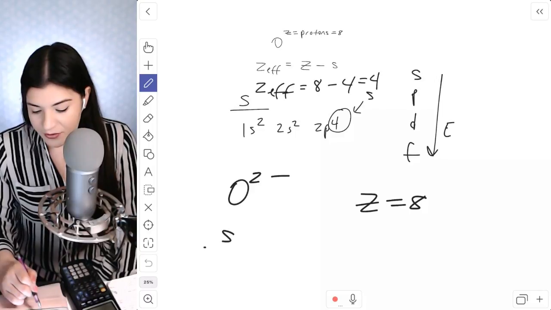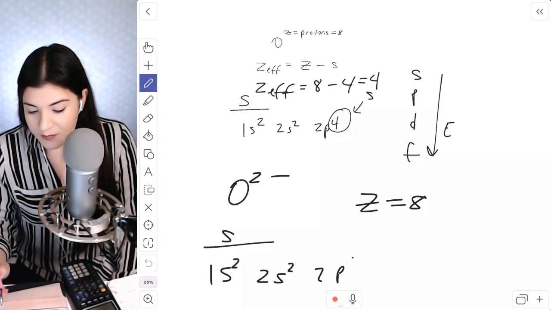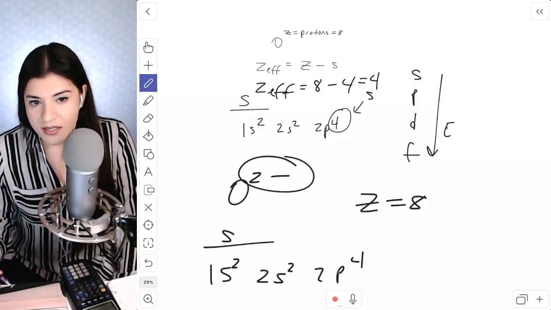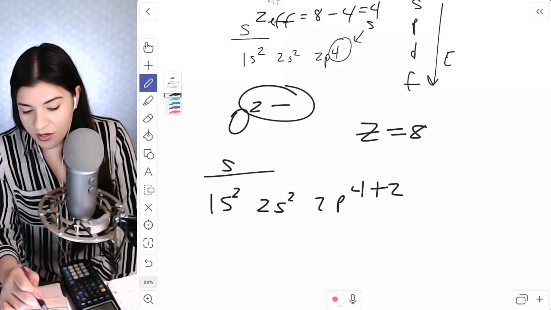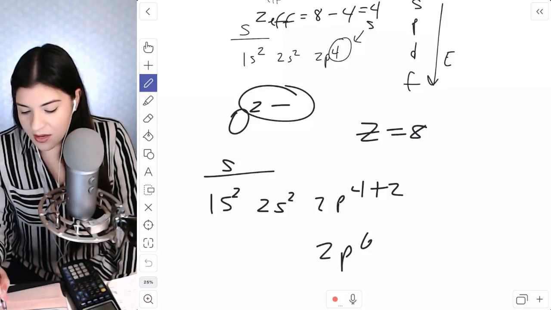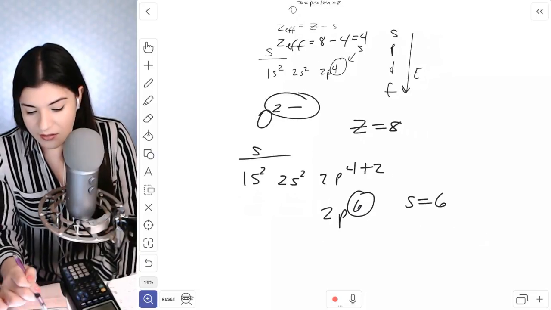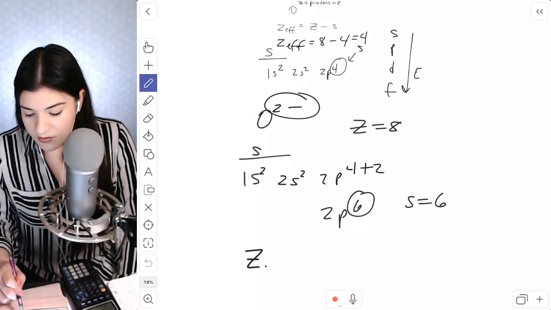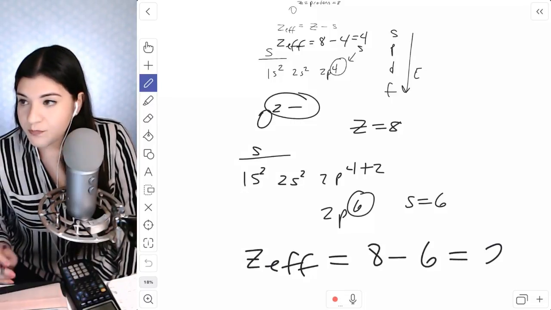But S would be different. Since this is 2 minus, this is going to add 2 electrons, and that's going to fill the p orbital to be 2p6. So now 6 would be S. In this case, Z effective would be 8 minus 6, giving us 2.